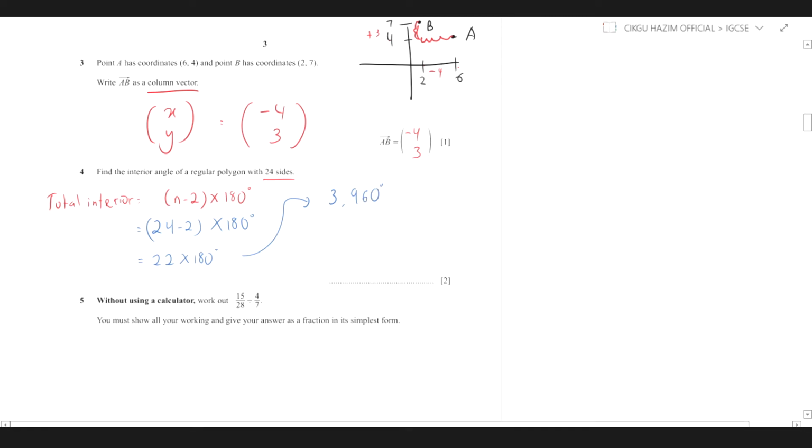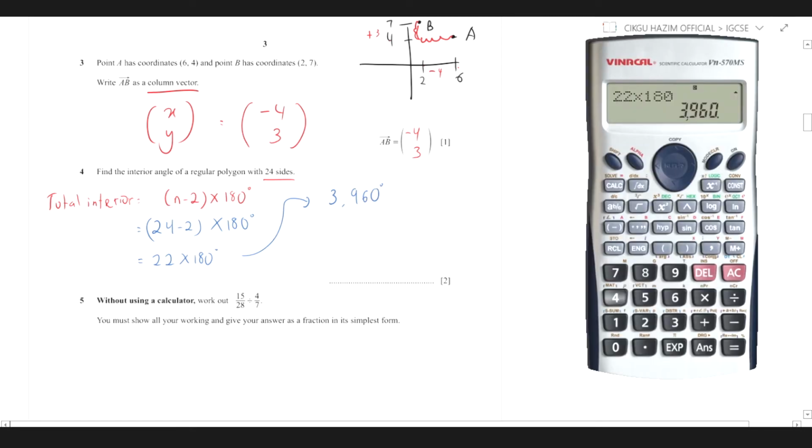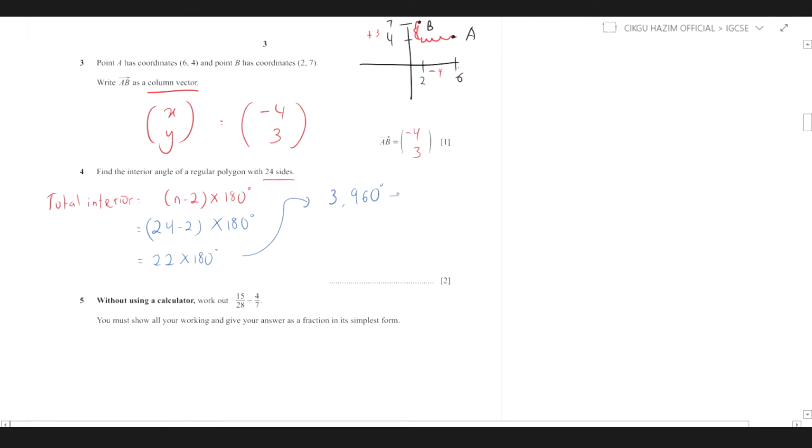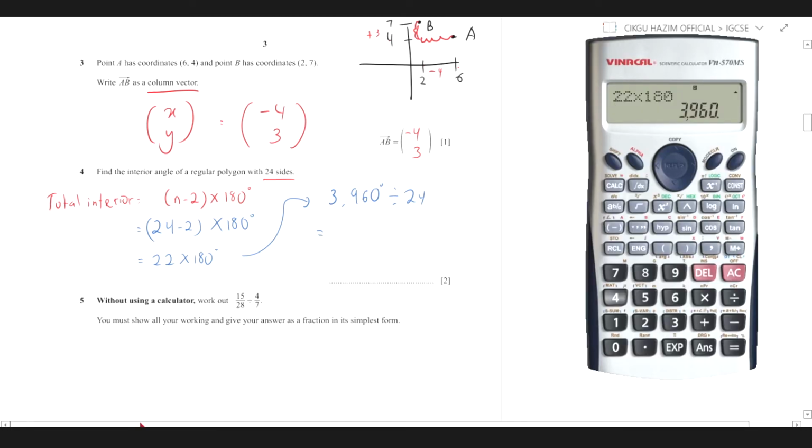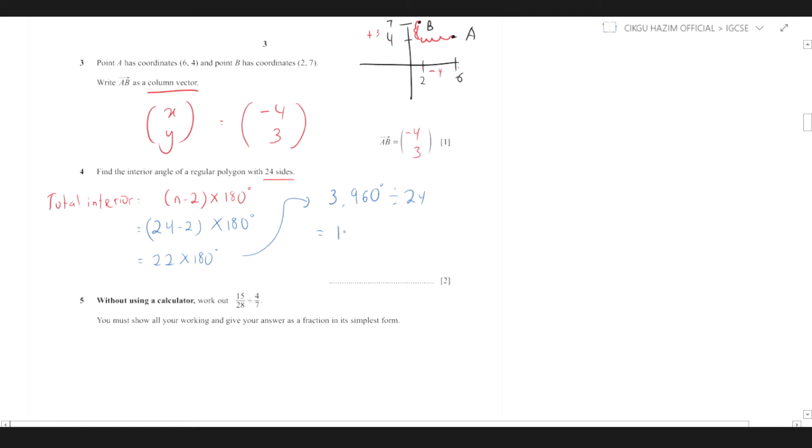Alright, so how to find the interior angle? You just need to divide by 24 sides. That's all. When you divide by 24, you press equal, then you're gonna get a total of 165 degree in each interior angle. So the answer here would be 165 degree.